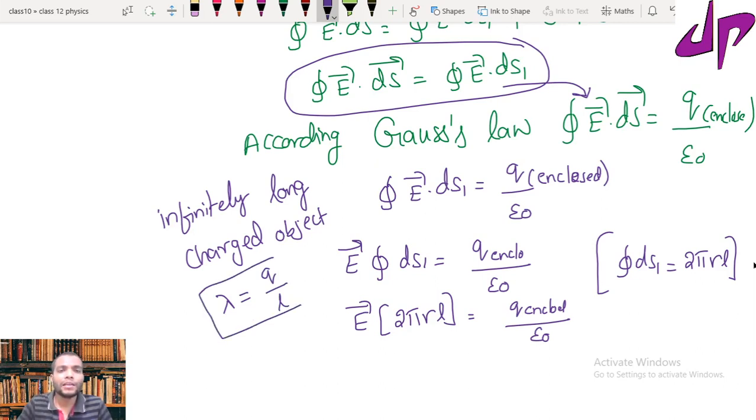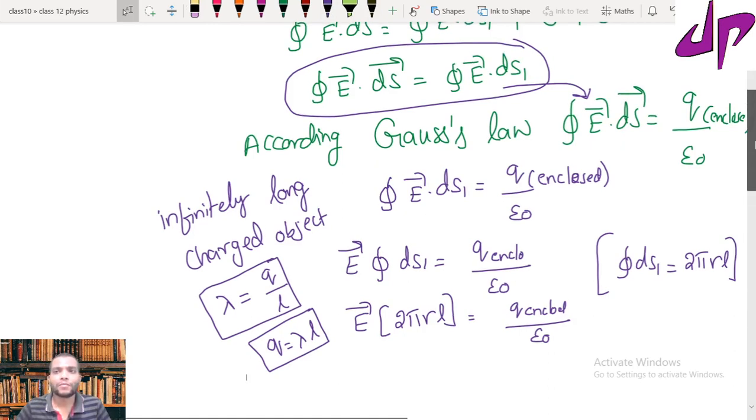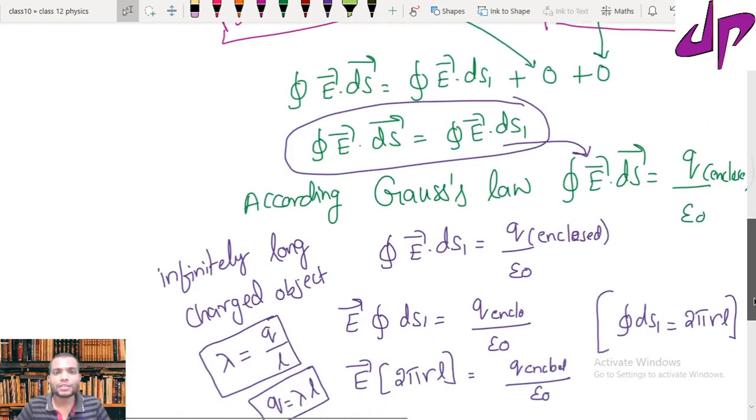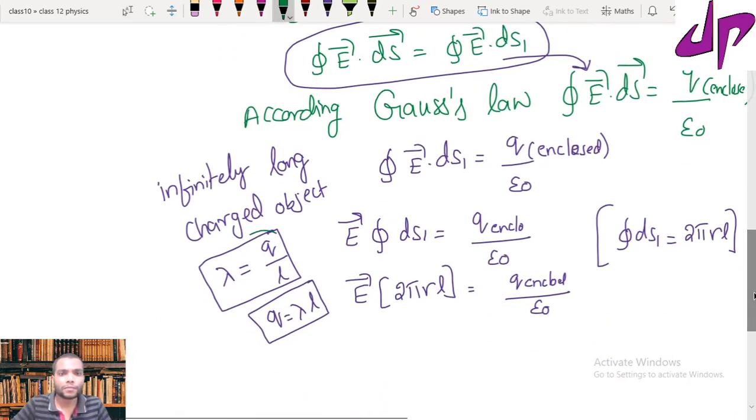For this infinitely long charged object, we use linear charge density, charge per unit length. Q is equal to lambda times L. It means the total charge on this infinite wire is lambda times L. In the question itself, they already mentioned it has linear charge density lambda. According to the definition, lambda equals Q by L, so Q equals lambda times L.